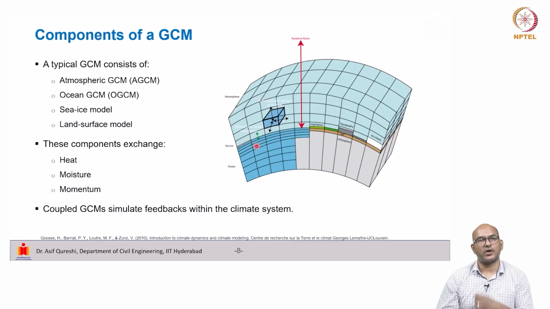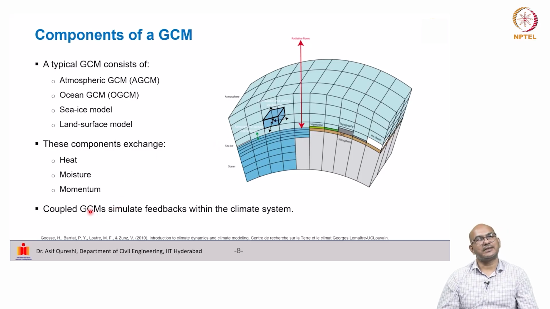Now, all these components will exchange heat, moisture and momentum. For example, here we have the horizontal and the vertical exchanges, and we have of course the radiative fluxes over the whole globe. So, here it is a representation, but these fluxes are happening everywhere.